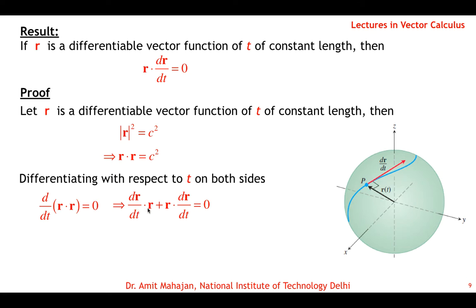And since scalar product is commutative, dr by dt dot r is the same as r dot dr by dt, so they add up to 2 times. And so it immediately gives the result that r dot dr by dt is exactly 0.